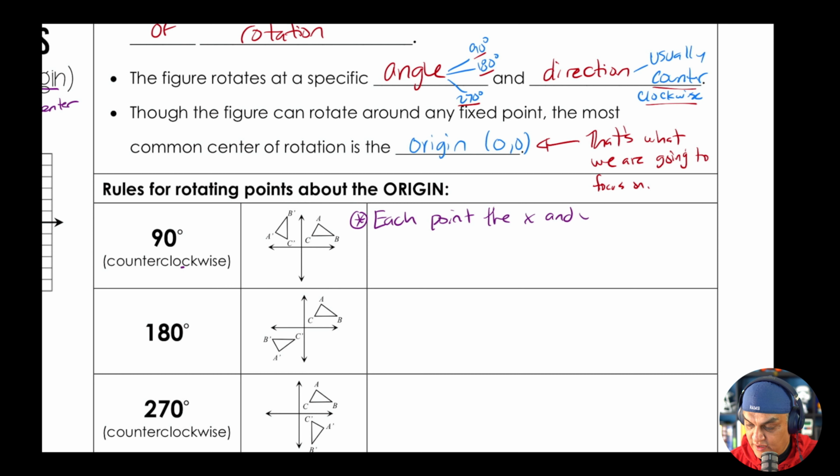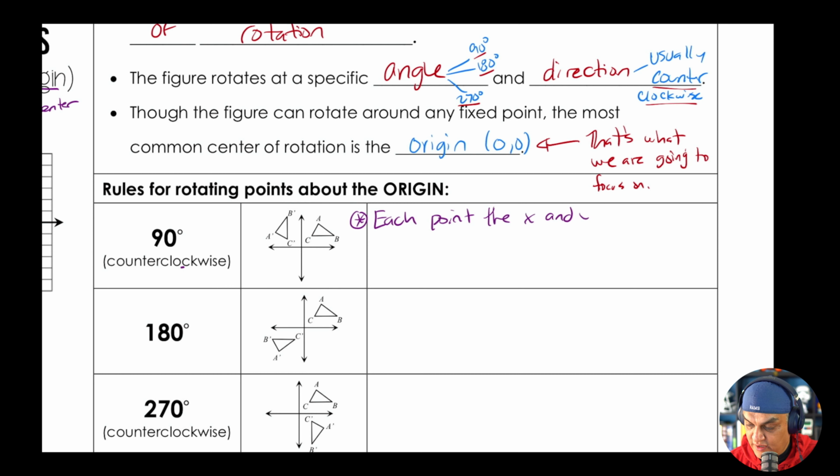Okay, that's the way to say it in words: for each point, the x and y coordinates switch places, and the old y changes signs.